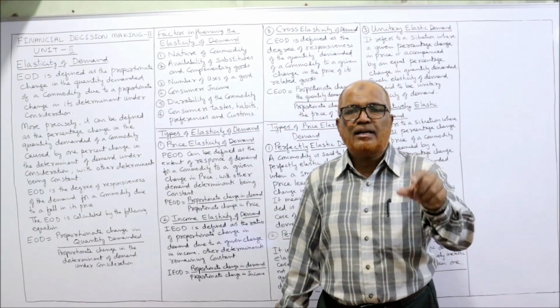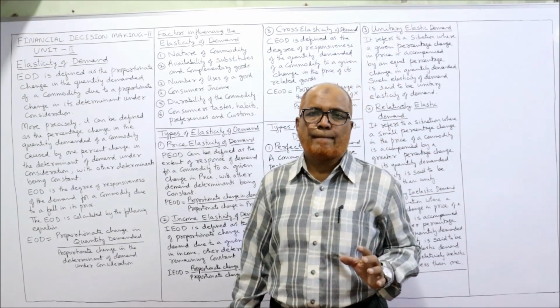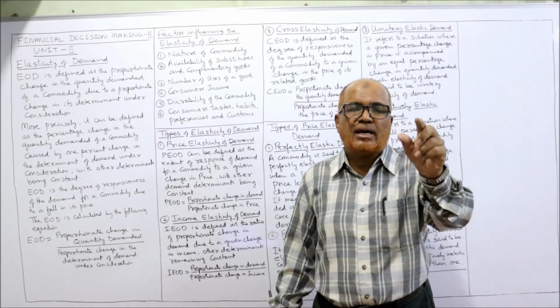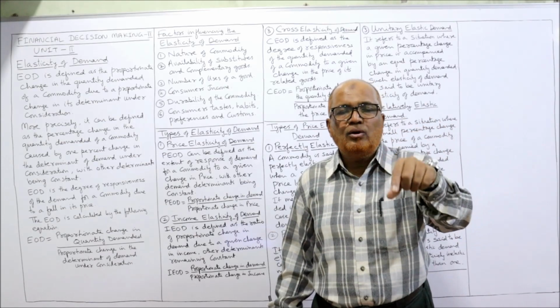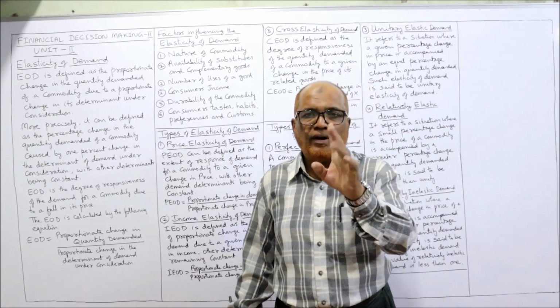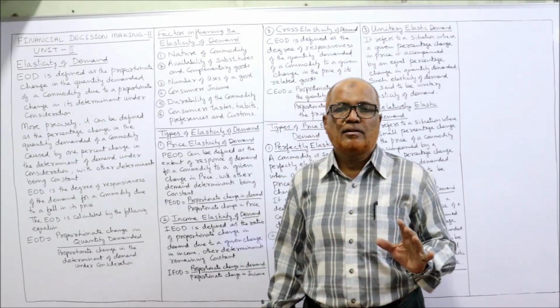Suppose the determinant under consideration is price. So what is the change in demand? What is the proportionate change in demand due to a proportionate change in price? We are taking only one determinant, that is price, right?